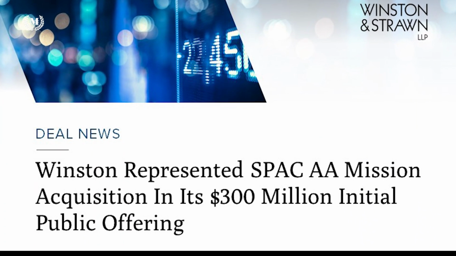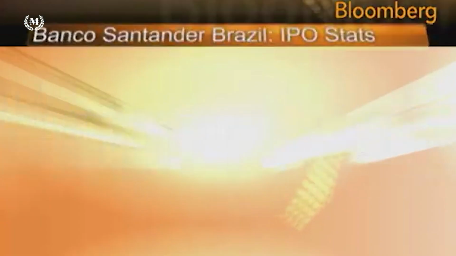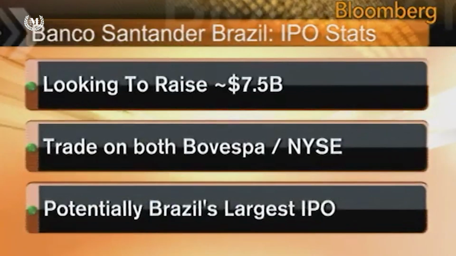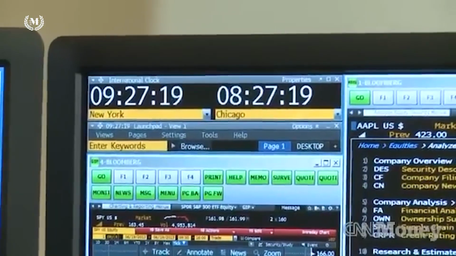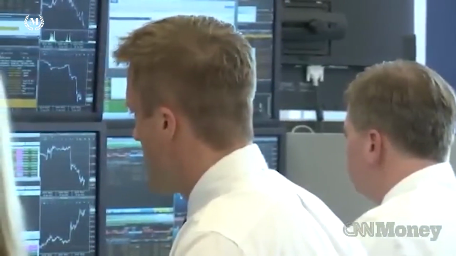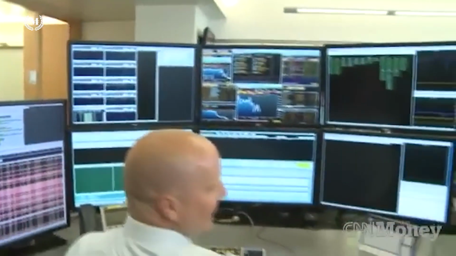By selling shares, they get cash to expand, hire more people, or develop more products. Investors who buy these shares become part owners of the company and hope to make money if the company's value increases. But it's important to remember that IPOs are not a guaranteed success. Some companies soar after going public, while others flop. That's the nature of business.